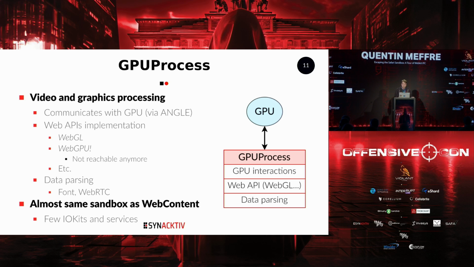And right after this vulnerability was caught in the wild, the developers disabled this attack surface. So today WebGPU is not reachable anymore in this process. The GPU process also does data parsing, like it can manipulate fonts or WebRTC stuff. And it has almost the same sandbox profile as web content, except that it can communicate with a few IOKits and some user-land services.